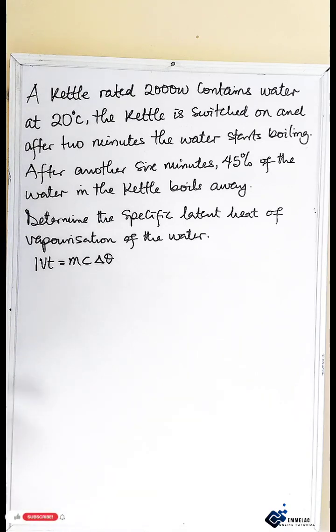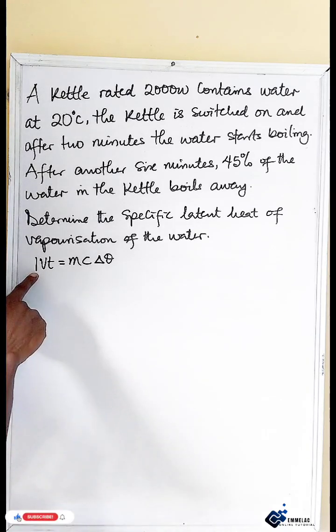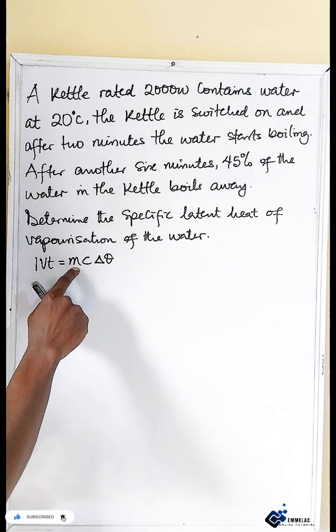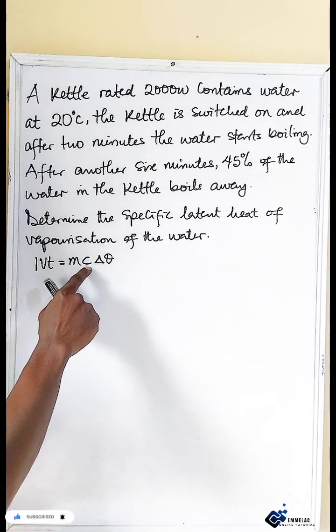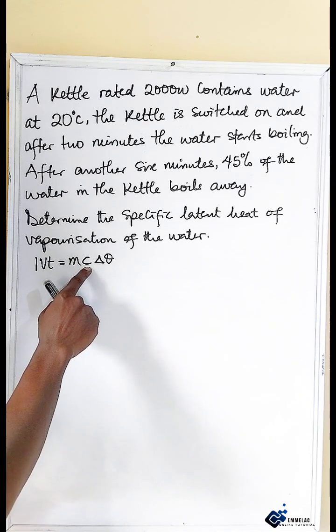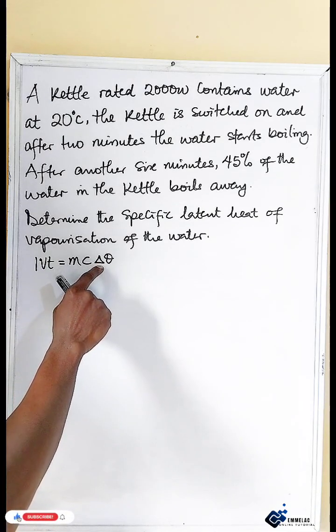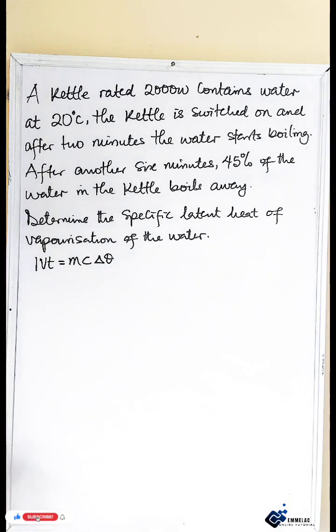Where I is the current, V is the voltage, T is the time, M is the mass, C is the specific heat capacity of the water, and change in theta is the change in temperature.